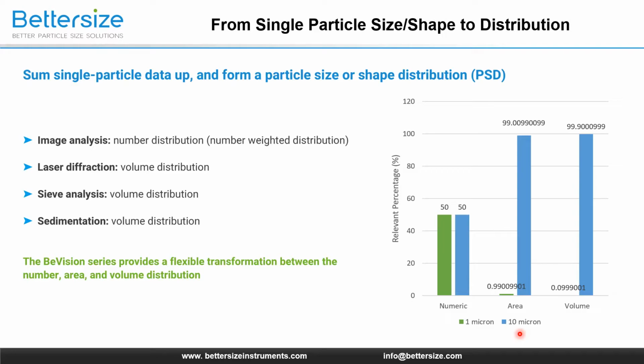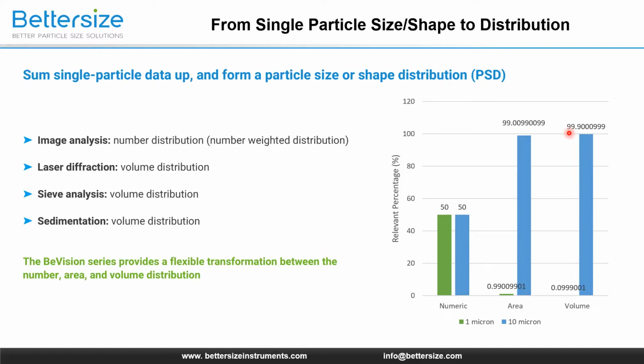As shown in this picture, the number distribution weights concentration by number, so each particle is 50% of the whole sample. In comparison, the 10 micron particle concentrates 99% of the whole sample in the surface distribution, and it concentrates 99.9% in the volume distribution.